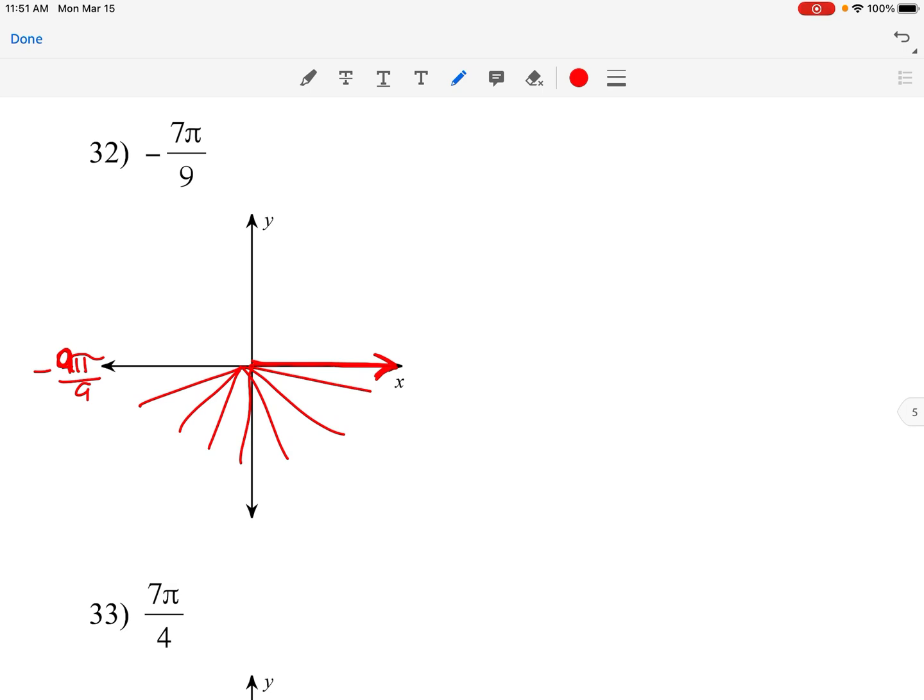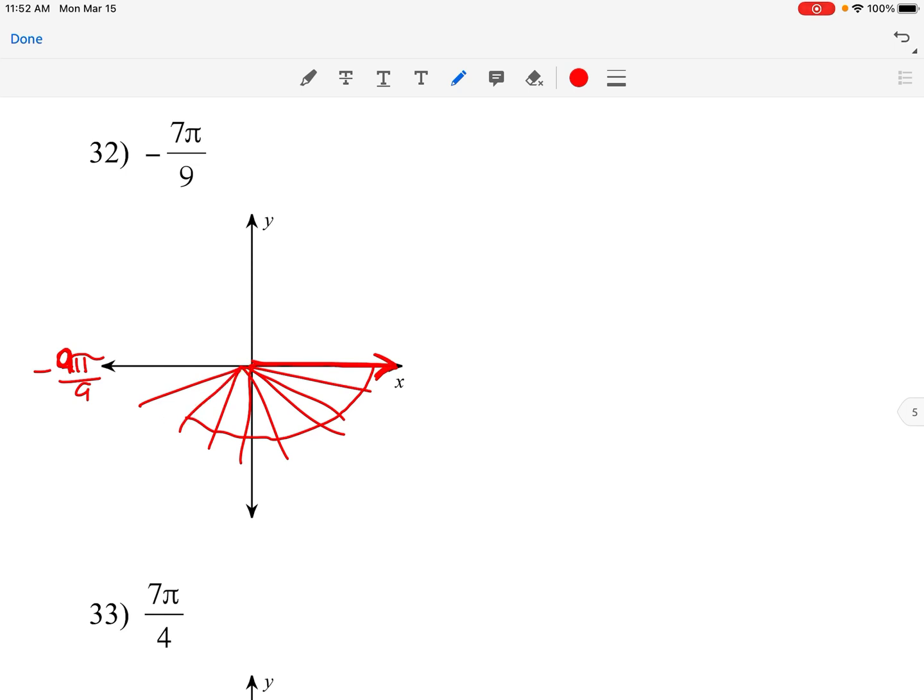1, 2, 3, 4, 5, 6, 7, 8. Oh, I missed one. Okay, this is not perfect, but if I have 9/9 perfectly spaced pieces, all equal in size, and I need to go 7/9 of the way across, I need to go 1, 2, 3, 4, 5, 6, 7. And then that is where my angle would end.